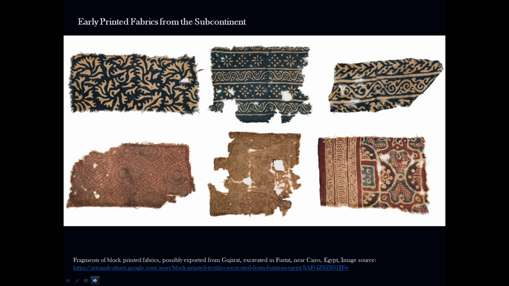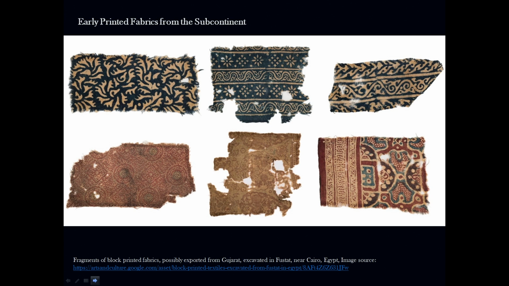Now, the fabrics found at Fustat that we see here are from the 13th to 14th centuries, and one can see that the ones in the upper tier are all resist printed.